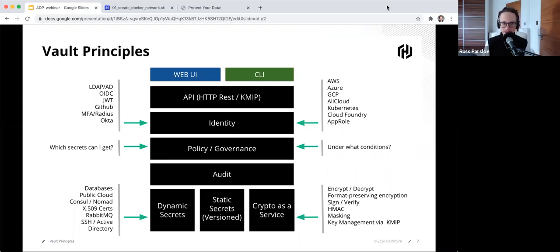Now, don't think just because I say it's an API first product, it means that everyone needs to learn API commands. Everything ultimately will translate to an API command, but there is also a web user interface that uses API commands. There is also a command line interface that ultimately does use the API commands. So there are multiple ways that people or systems can interact with Vault.